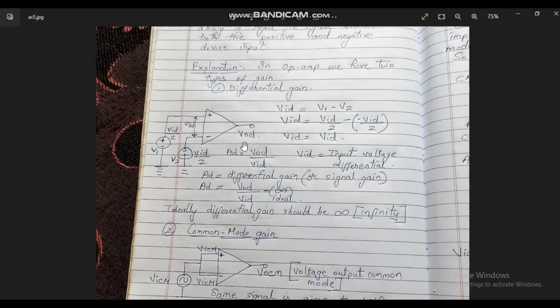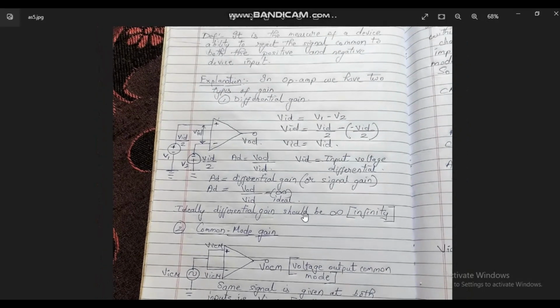So AD is output by input, VOD by VID, and ideally it should be infinity. This is because VID should be 0, but VID never becomes 0, it has a small difference.